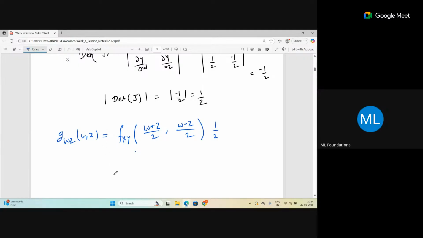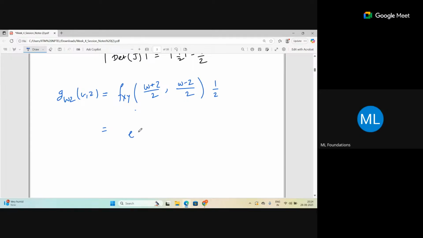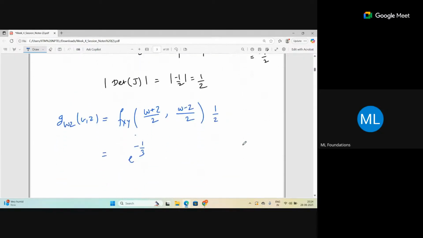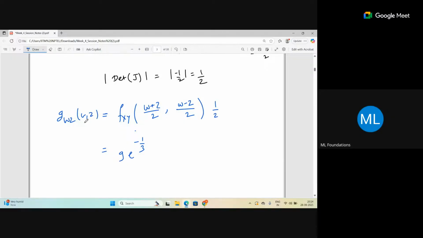Let us say if I substitute it, it will become 9 e to the power minus 3 times x plus y, and x is w plus z by 2, and y is w minus z by 2.